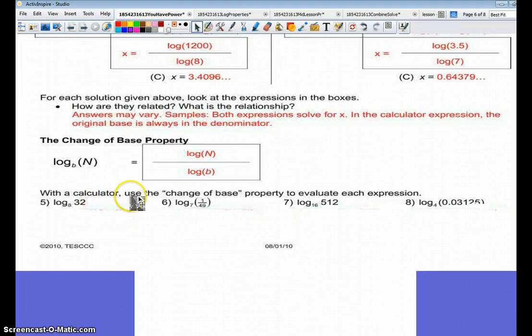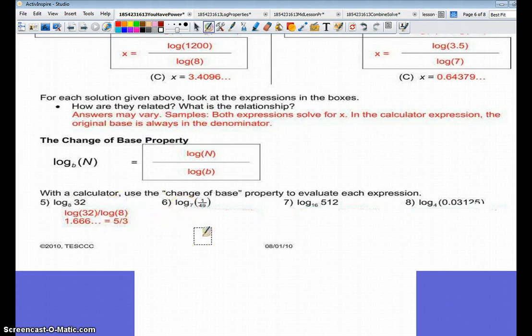So now with the calculator, I want you to use this property to evaluate your expressions. So instead of going through all the steps we went through before, you can simply say, okay, I know that I'm going to have log of 32 divided by log of 8. I know where that's going to change, so I don't have to go through all the steps above. Log of 32 divided by log of 8, and I'm going to get 1.66.